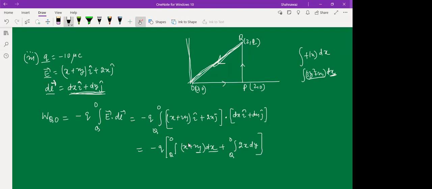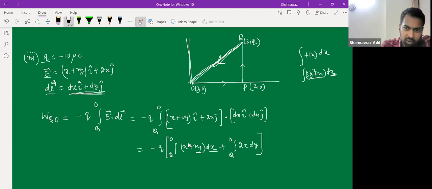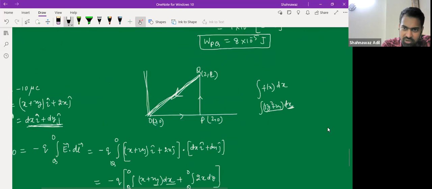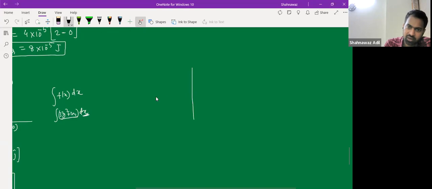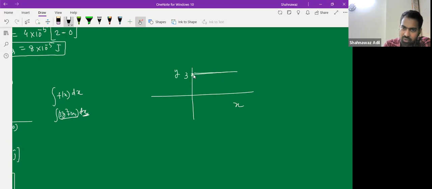Okay, so now let me see how much you guys remember about the graph. So let's say that I have this kind of graph. Let's say this is 3, right? This is x, this is y, and this is the graph. So what kind of graph does this line represent?